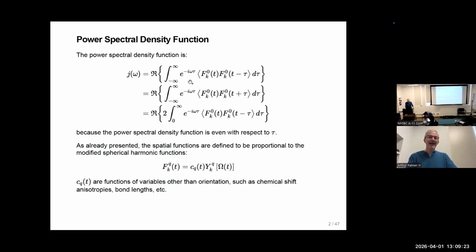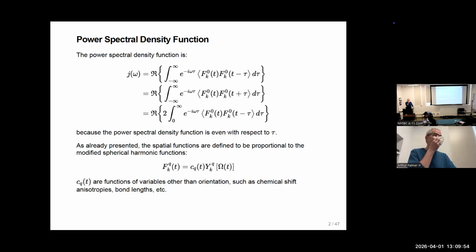And depending on the literature, first off, the autocorrelation function is even with respect to tau. So minus tau and plus tau are the same. So you'll see it both ways in the literature. And because it's even, we could either integrate from minus infinity to infinity or integrate from 0 to infinity and multiply by 2.